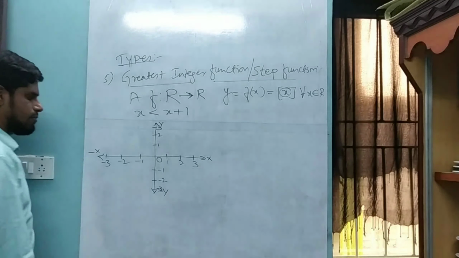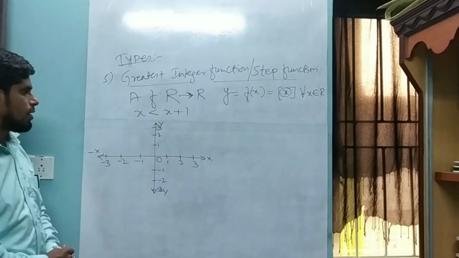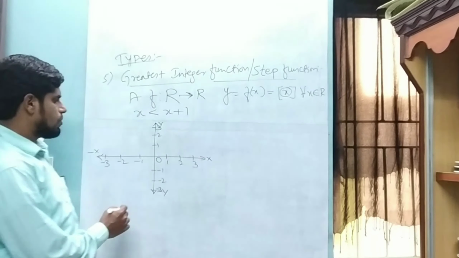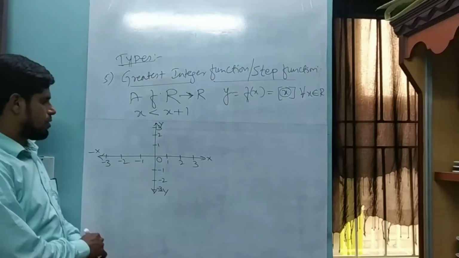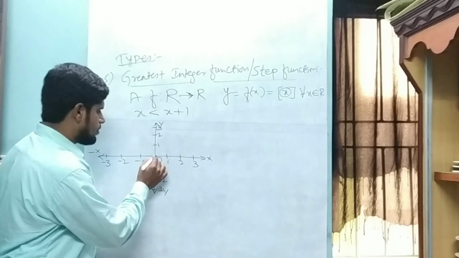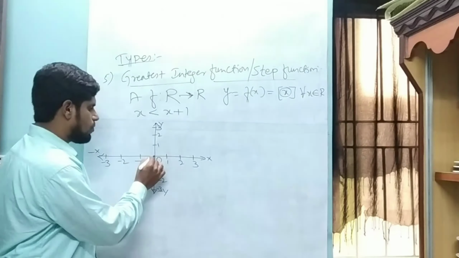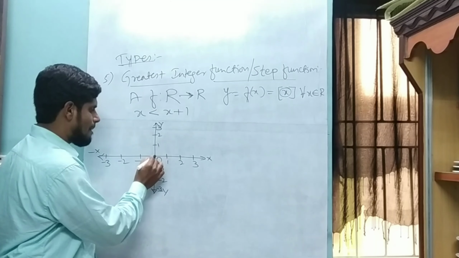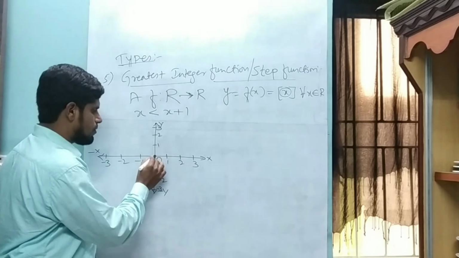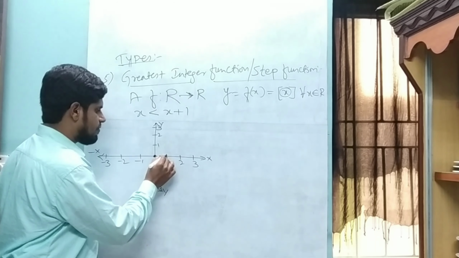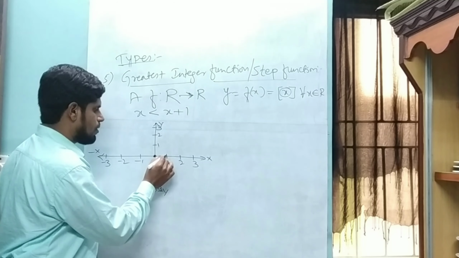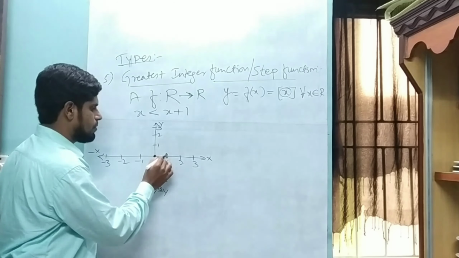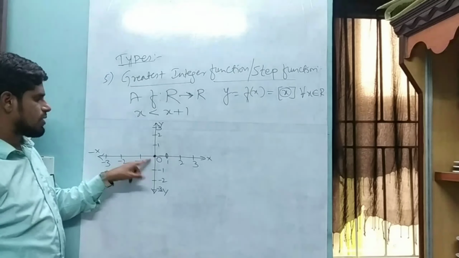Okay, students, between 0 and any number less than 1, it is 0 only. But I cannot put 1. So it is always 0 only.